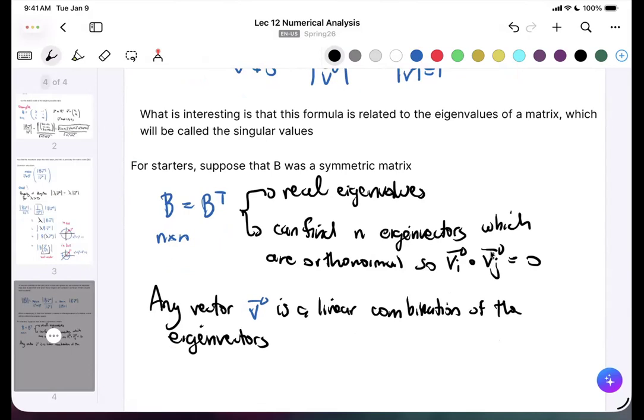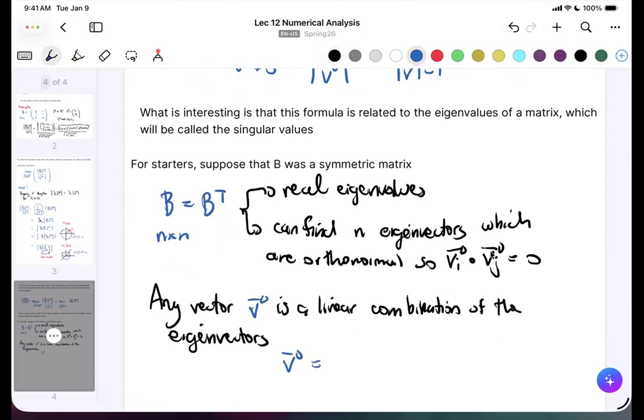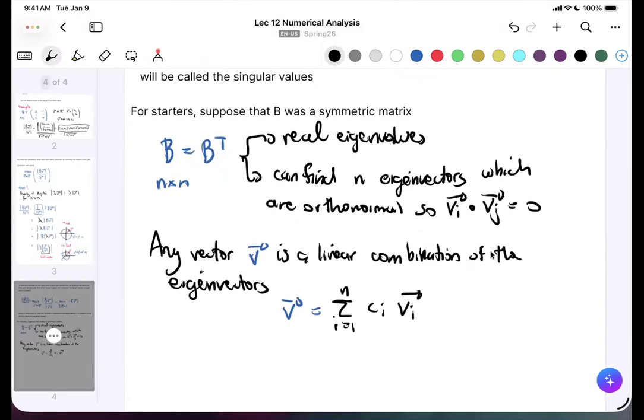You can express any vector as a sum from i equals 1 to n of some coefficients ci times the eigenvectors, which I'm calling vi. Is that okay so far?